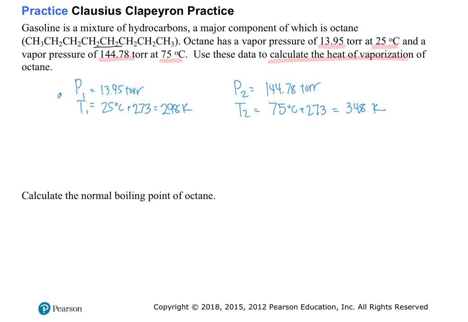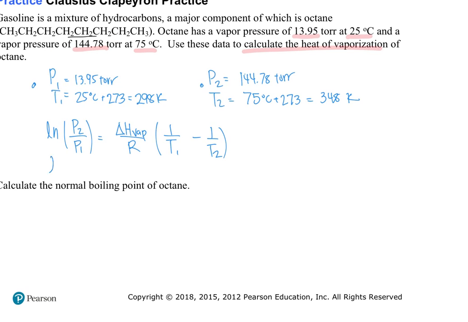All right, so now we're going to plug into Clausius-Clapeyron. We have 2 points here, so we can use the two-point equation, which is natural log of pressure 2 over pressure 1 equals delta H vap over R times 1 over T1 minus 1 over T2. So we can plug in our values here. We get the natural log of pressure 2, 144.78 torr, over pressure 1, 13.95 torr, equals delta H vap, which is what we're solving for.